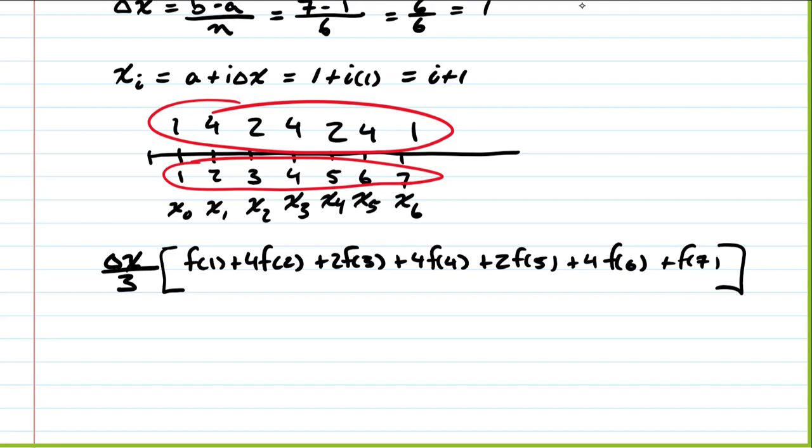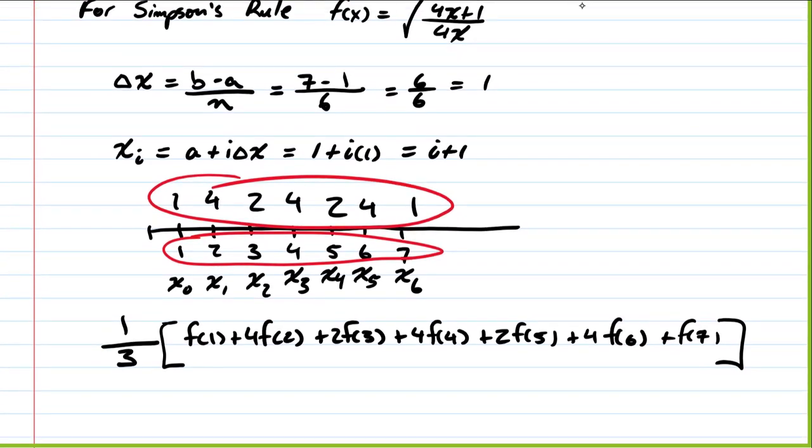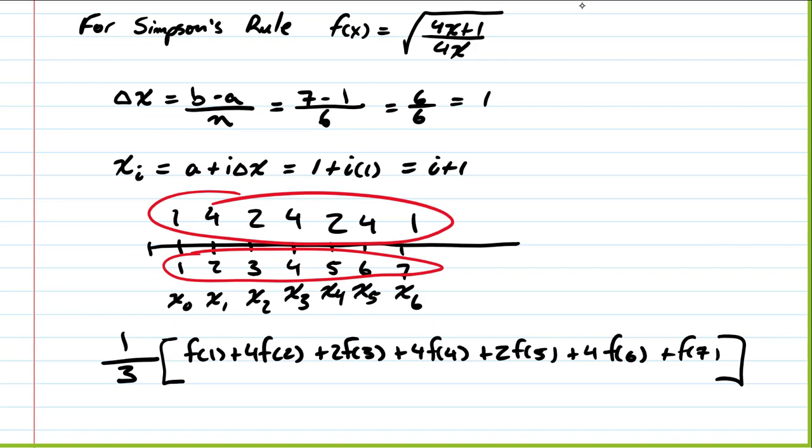And our delta x, as we calculated above, is 1. So we just need to put all of this into our calculator, right?